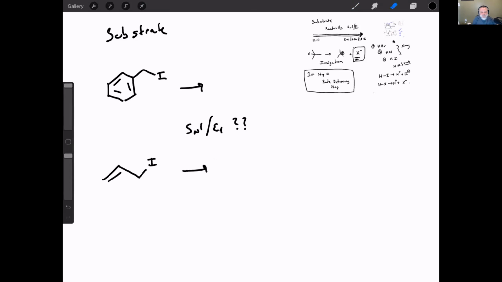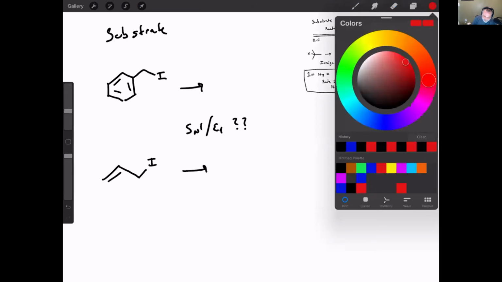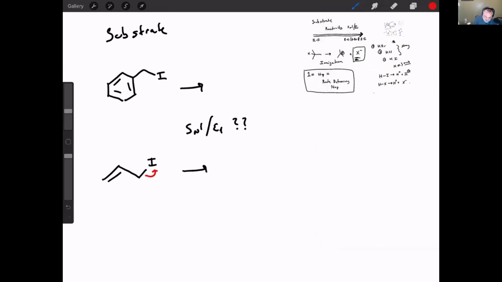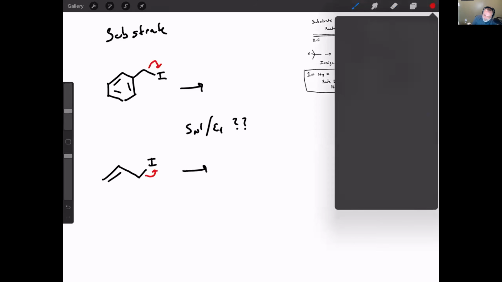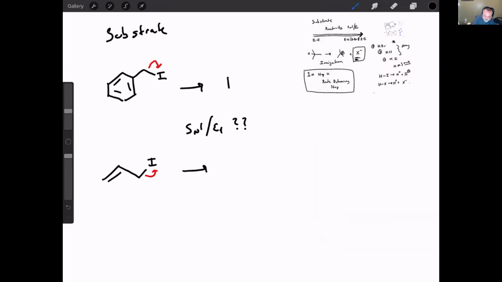If you think about what's going to happen when these things undergo a loss of a leaving group, what kind of products would be formed in that case? These are the benzylic and allylic carbocations.